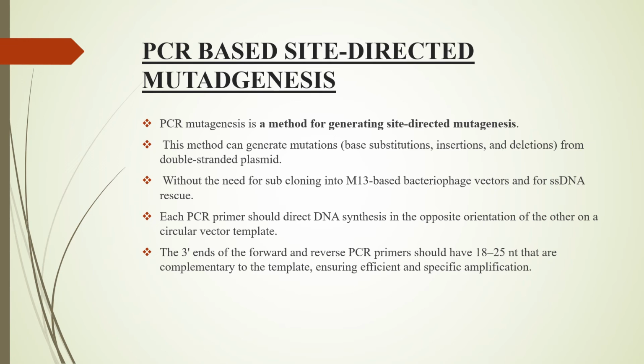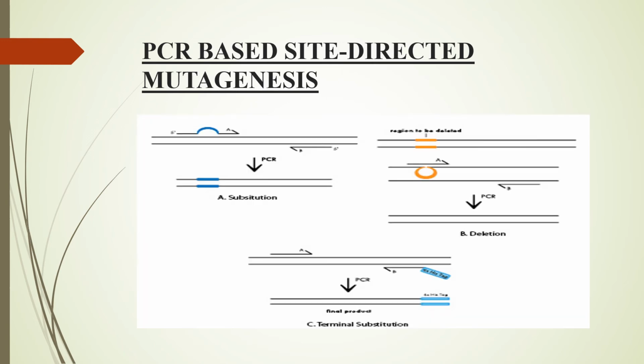Each PCR primer should direct DNA synthesis in the opposite orientation of the other on the circular vector template. The 3' ends of the forward and the reverse PCR primer should have 18 to 25 nucleotides that are complementary to the template, ensuring efficient and specific amplification. This is an example of PCR-based site-directed mutagenesis.